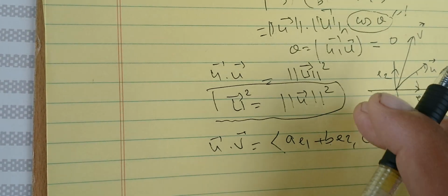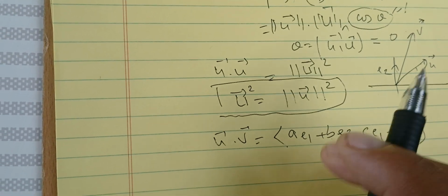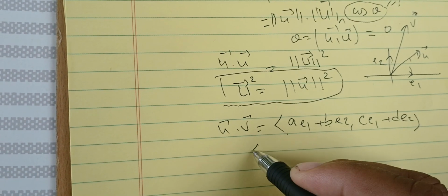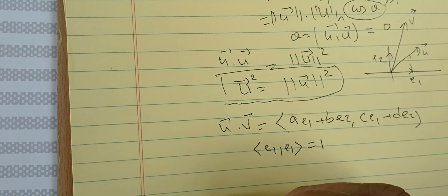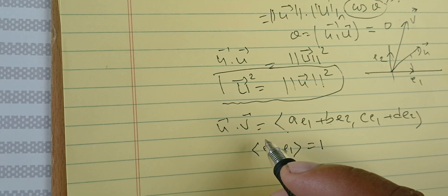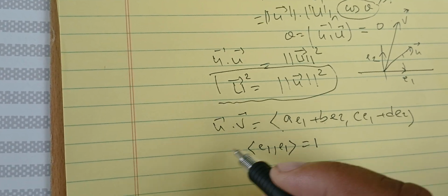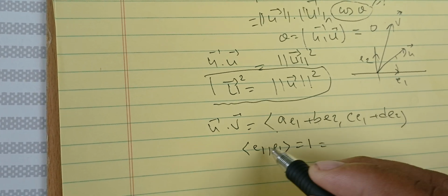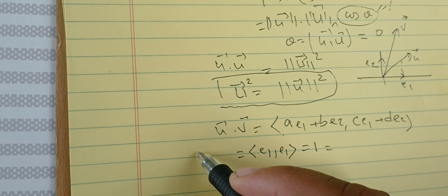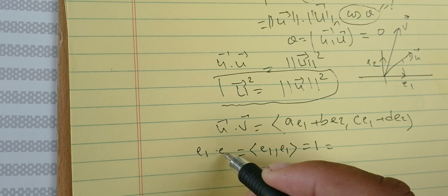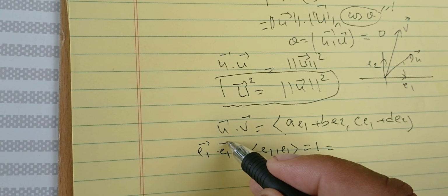Therefore, I can use one key idea here, which is that the dot product of e1 with itself is 1. We see why if we apply the definition. This is just the dot product of the vector e1 with itself.